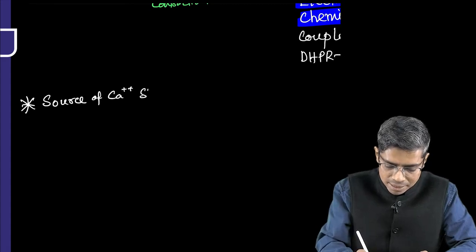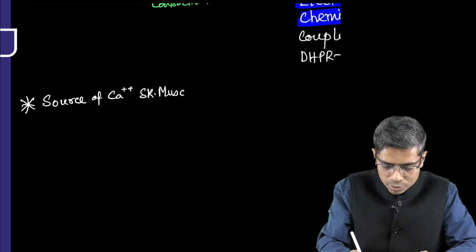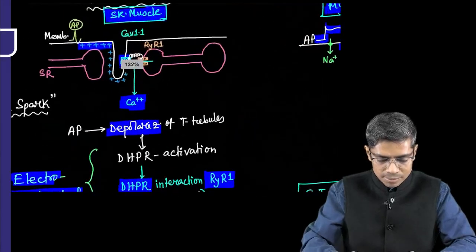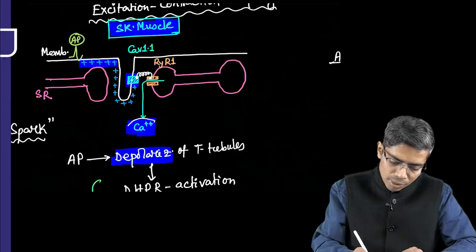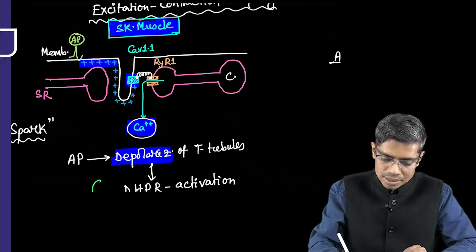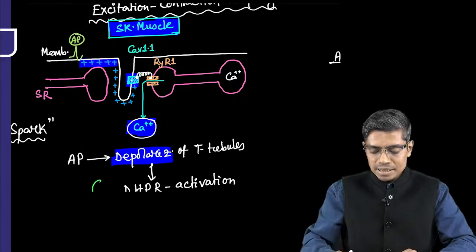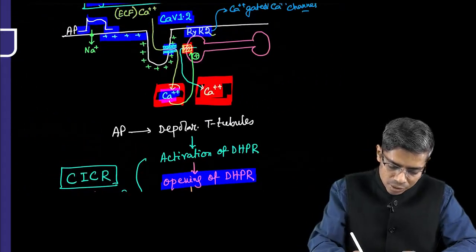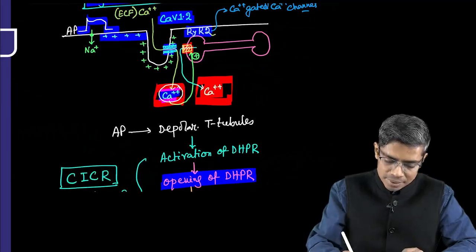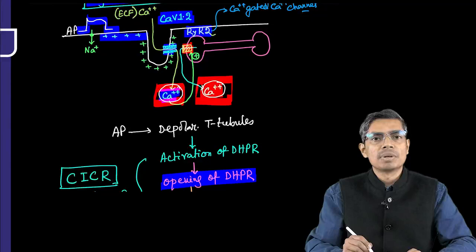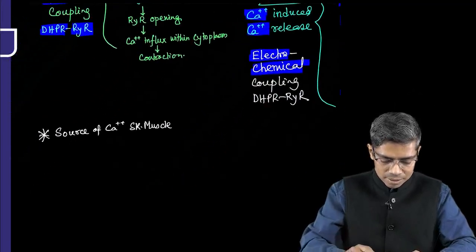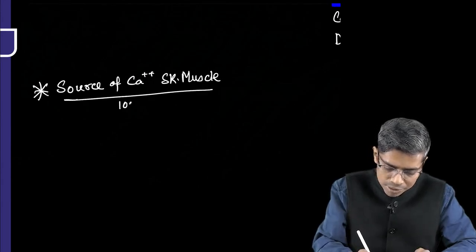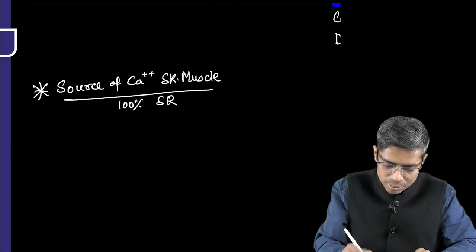For skeletal muscle there is only one source of calcium, and that is cisternal calcium. But if I ask what is the source of calcium for myocardium, you have seen earlier that there are two sources. One source is coming from ECF and another from the sarcoplasmic reticulum. So we are writing that because that is very, very important. For skeletal muscle contraction, 100% calcium is coming from the sarcoplasmic reticulum.